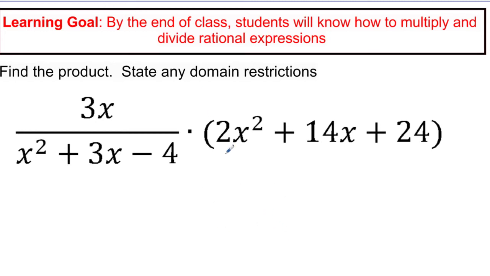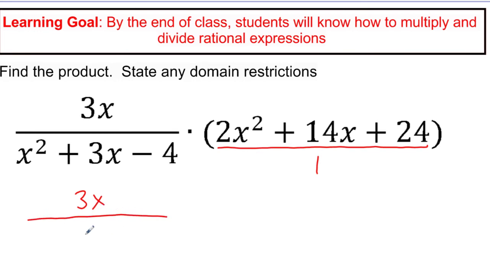We're going to say this 2x squared plus 14x plus 24 is really over 1. And so now I'm going to go through my factoring, and I'm going to make sure that this ends up in the numerator. So our 3x does not factor. x squared plus 3x plus 4 is a quadratic trinomial, so in this case it's going to be x plus 4 and x minus 1.